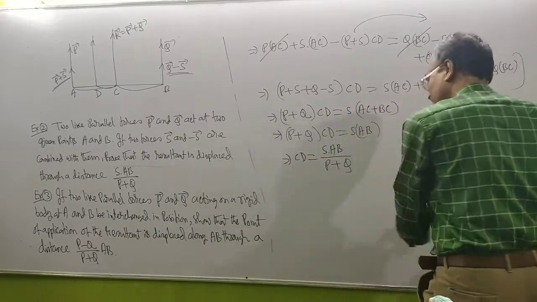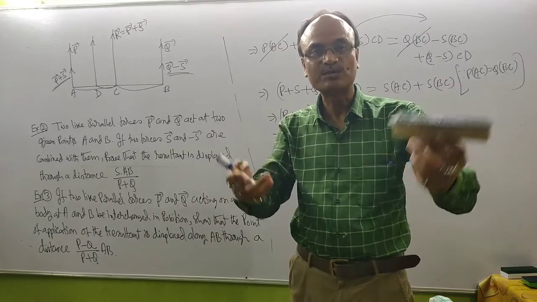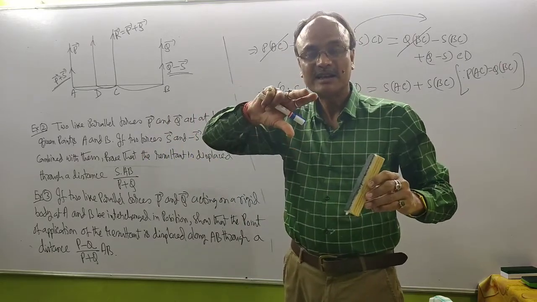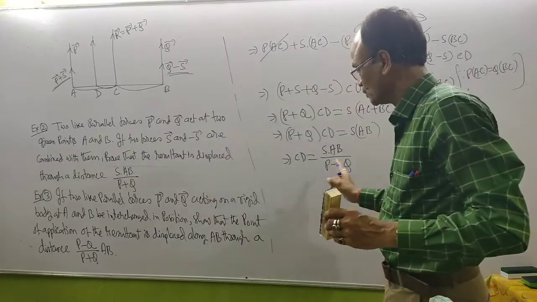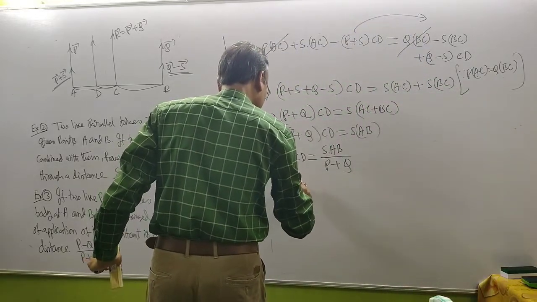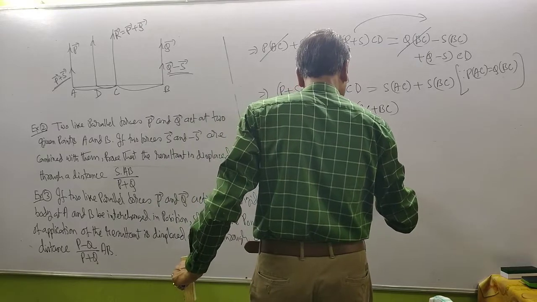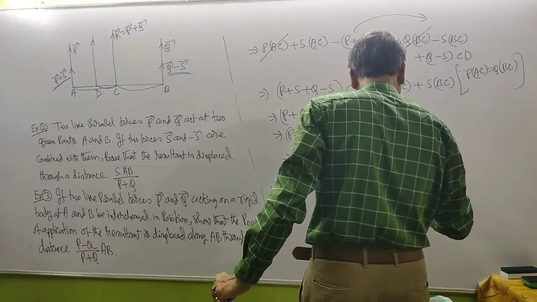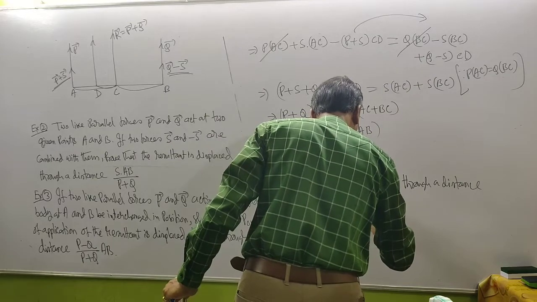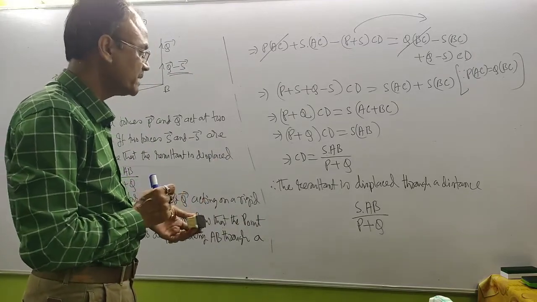That is, if another force S is applied, S is added to the force P, and S is subtracted from the force Q, then the resultant moves through a distance S into AB divided by P plus Q. The resultant is displaced through a distance S into AB divided by P plus Q.